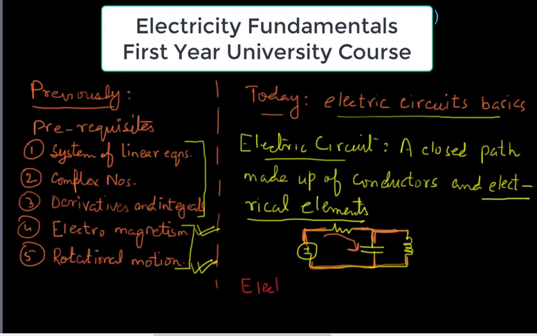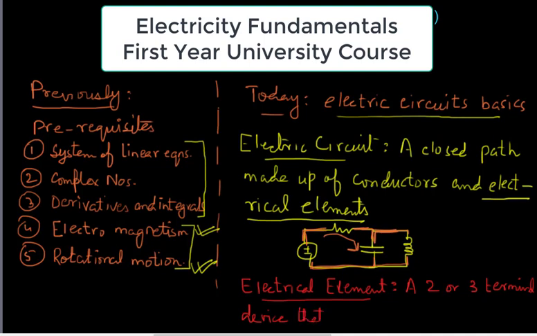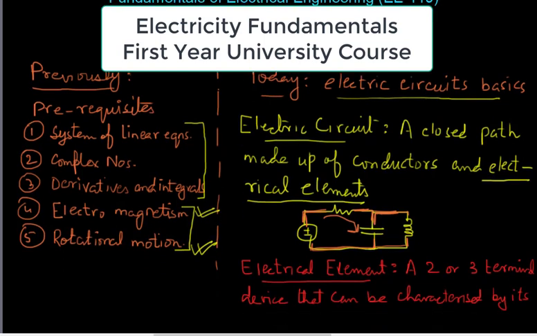An electrical element is simply a two or three terminal device that can be characterized by its voltage and current. Let me give you an example for that.